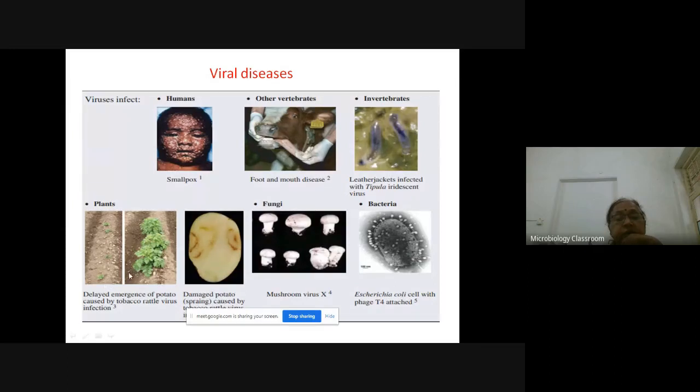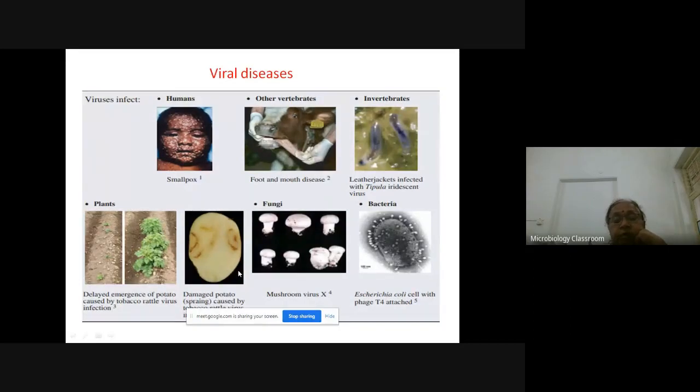And again over here, the infection of the potato plants by the viruses is responsible for delayed emergence of potato, caused by retrovirus infection. Even if there is delayed emergence of potato, this results in infection of the potato by the virus and certain discoloration, and the cells of the potatoes are damaged by the viruses.